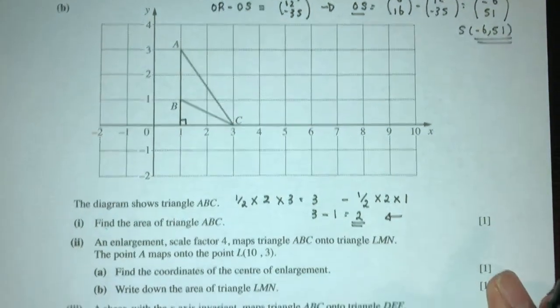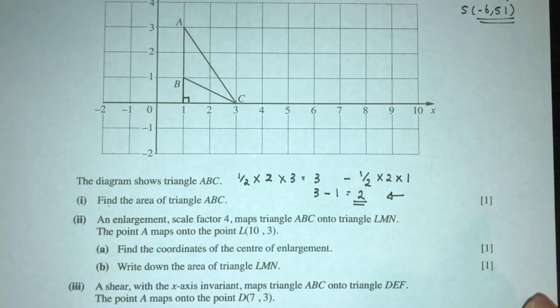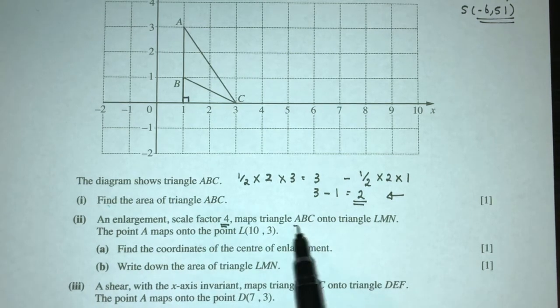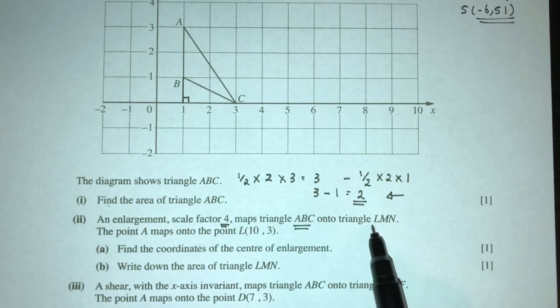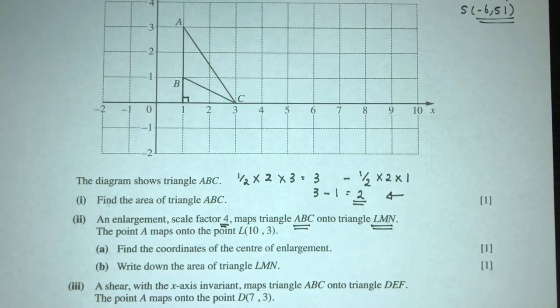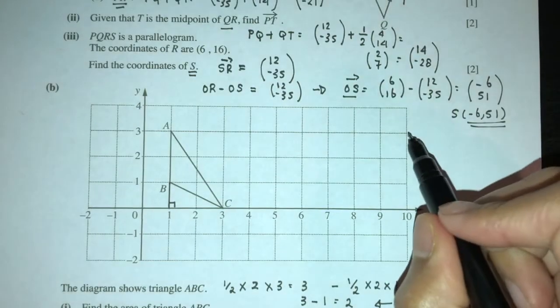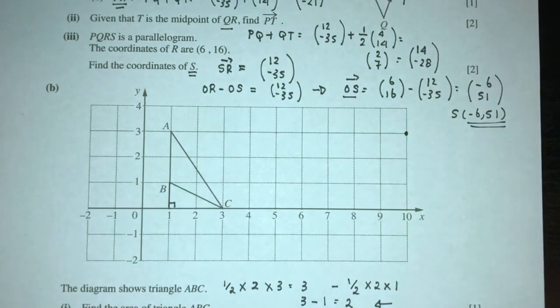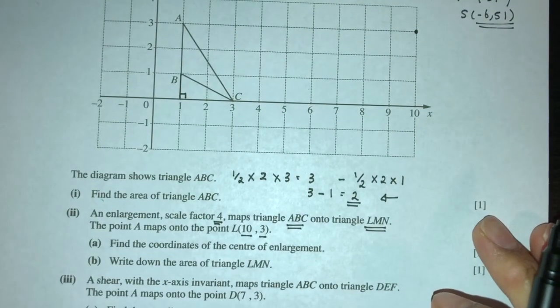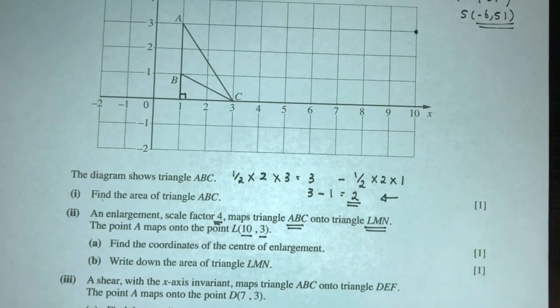Okay. Now part 2, an enlargement of scale factor 4 maps the triangle ABC onto the triangle LMN. The point A is mapped onto the point (10, 3). So where's (10, 3)? (10, 3) is here. Now the question tells you to find the coordinates of the center of enlargement.